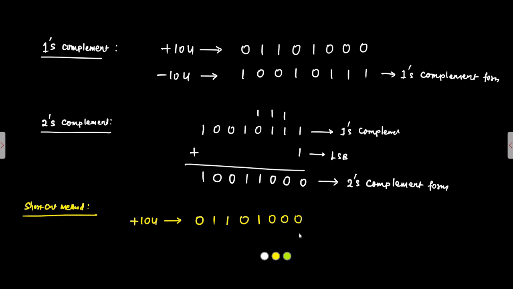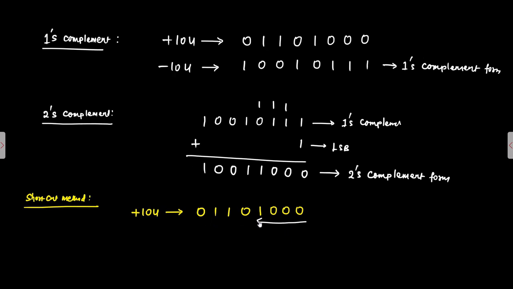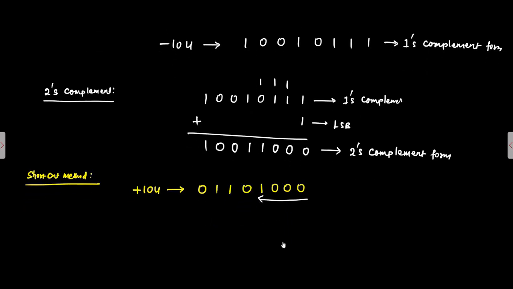What we'll do is start from the LSB position and move until we arrive at the first 1 bit. We'll copy the bits as it is until we reach the first 1 bit. It is 1 0 0 0.